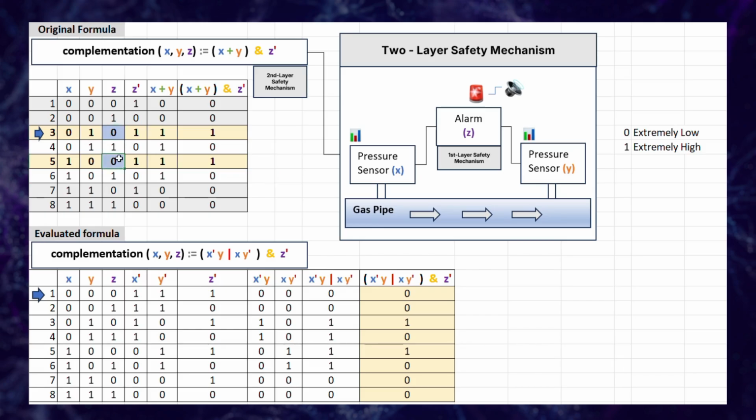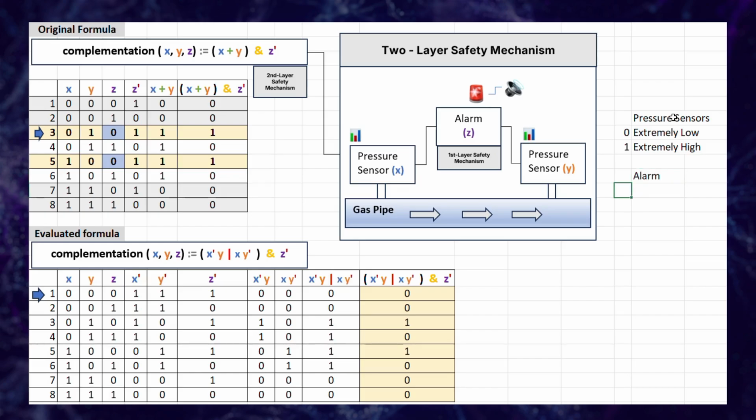So Z is the alarm system. This is for the pressure. I'm just making this up to give you some glimpse of how abstract thinking is like. So this is the pressure sensor, I'm just imagining things, just to teach, and this is the alarm.